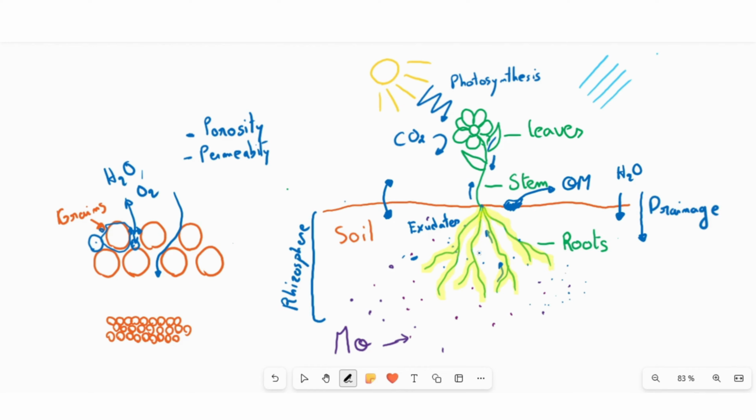With different pH levels in the soil, and different grains, porosity, and permeability, the soil is going to have different drainage levels, and it could be compact and retain a lot more water. So in here, we're going to have higher water content.